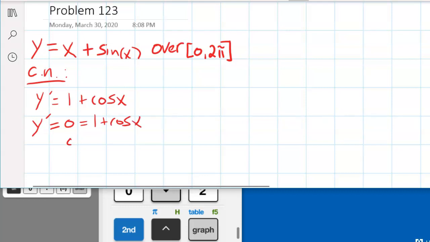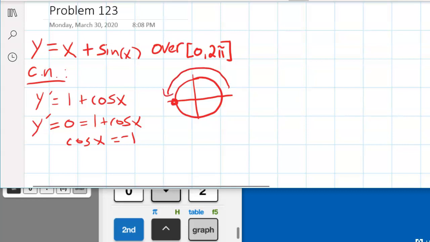And so we quickly get cosine of x equaling -1. And if we recall the unit circle, the horizontal position on the unit circle that is -1 is right over here, and that angle is pi radians. So here x is going to be pi.